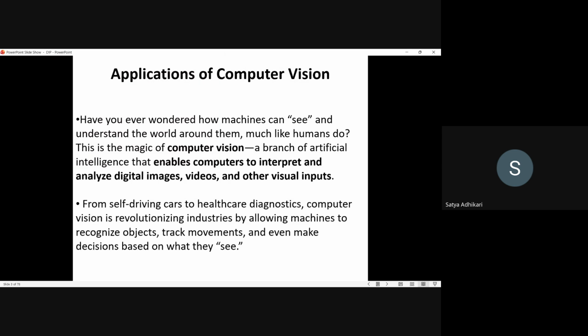And in healthcare diagnostics, there are automatic tags which recognize the disease of a patient. So computer vision is revolutionizing industry by allowing machines to recognize objects. It is the machines, not humans, that are employed for that purpose. The machines are employed to detect and recognize objects, track movements, and even make decisions based on what they see, what they observe.